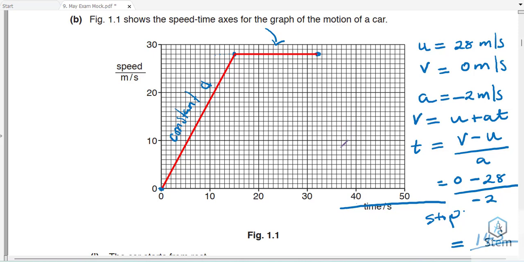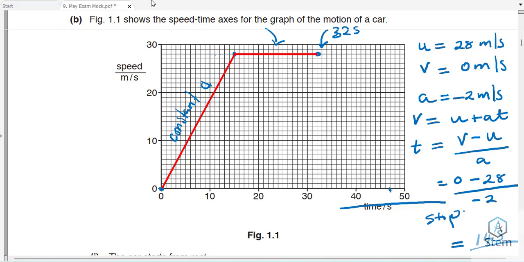So now we are at 32 seconds here. We add 14 seconds, 32 plus 14, which means this car stopped at 46 seconds.